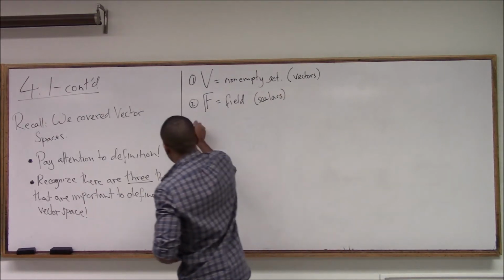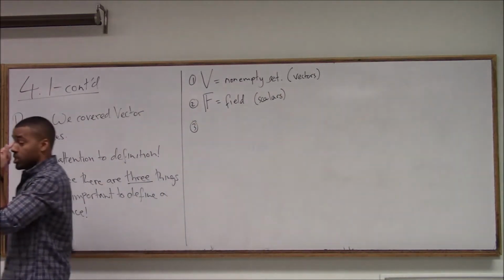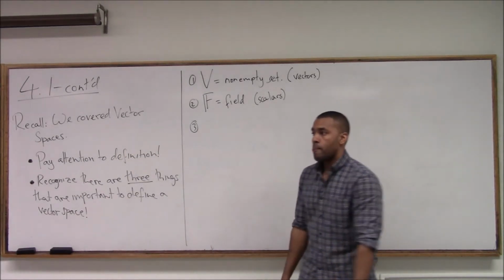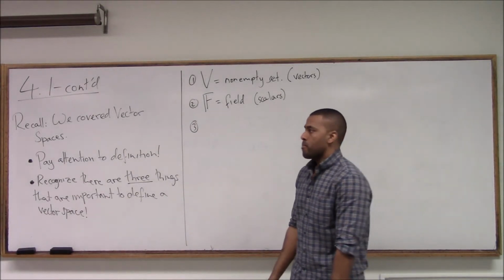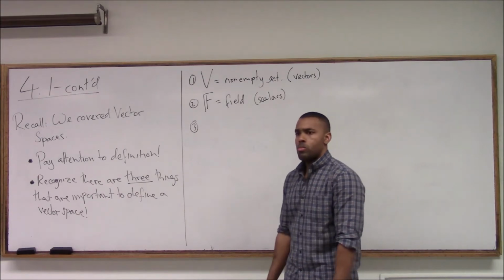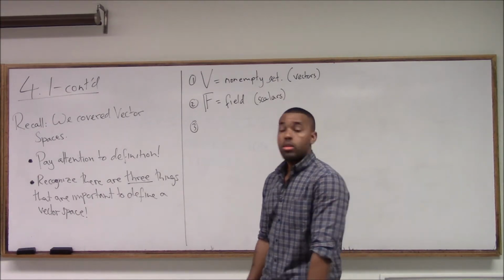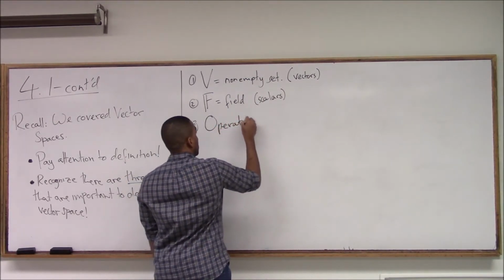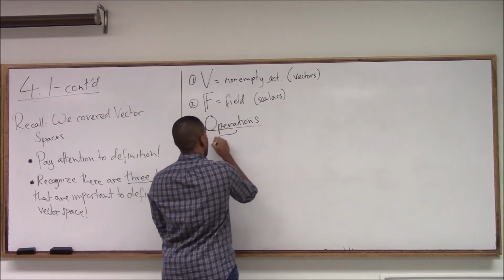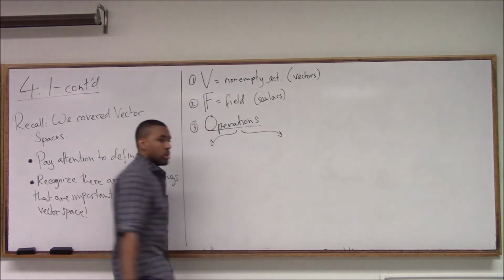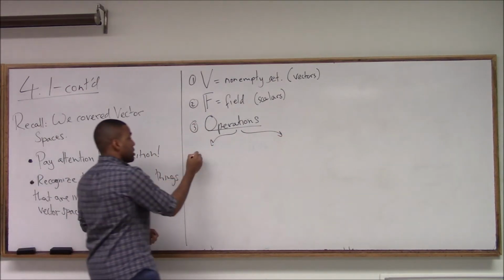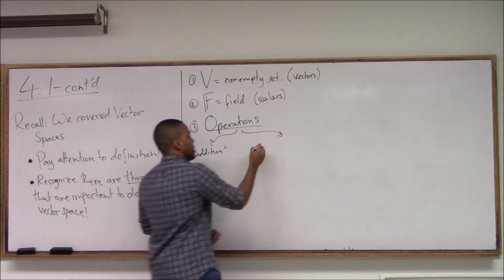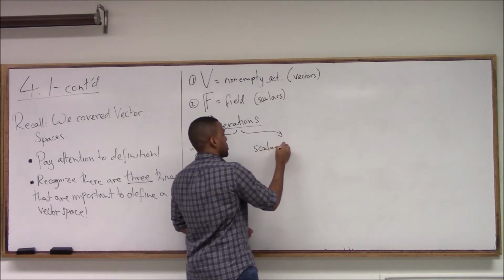And what's the third important thing to even start talking about a vector space? The operations. Right? There are two kinds of operations that we talk about when we're dealing with a vector space. There's addition, and there's scalar multiplication.